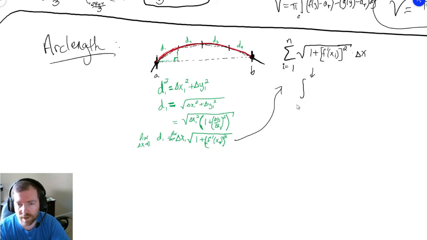Which then can become the integral as we go from a to b of the square root of 1 plus f prime at x squared dx.